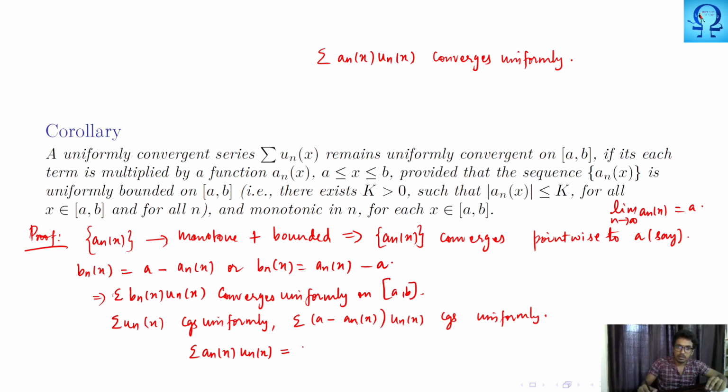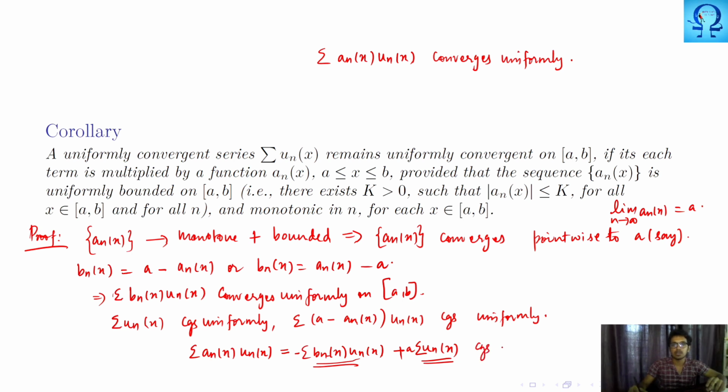Like from here I can write it as summation Bn of x un of x, maybe minus here, and plus a times summation un of x. This is uniformly convergent. This is uniformly convergent. Therefore, this has to converge uniformly. That is how we complete the proof of this corollary.